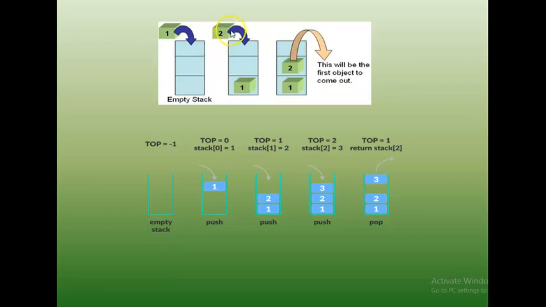At each time of putting values into the stack, we will be incrementing top by 1 index. So when the stack is empty, its value is -1. When we put in one value, it becomes 0 by adding 1 to -1.